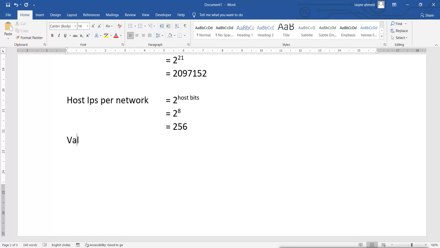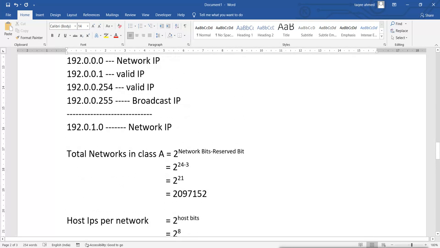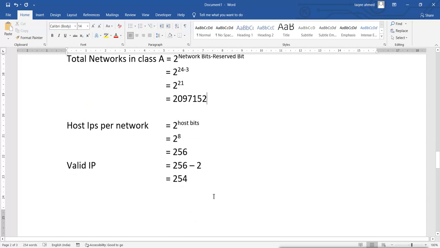And if you want the valid IPs, you have to subtract 2 from it, and you will get 254, and that is the number of valid IPs. You can check here easily that you are getting IPs from 1 to 254 because we are leaving these two IPs, the network and broadcast IP. So this is class C.